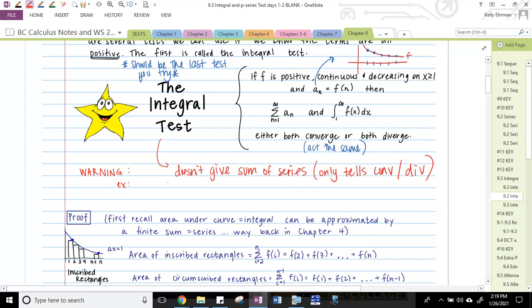What I mean by that is if you do the integral from 1 to infinity of some f of x dx, and let's just say we get 2 for that area, that does not mean that the sum of the equivalent series, so the series whose points are all on f of x, is necessarily equal to 2. All right, but they both converge to a value.